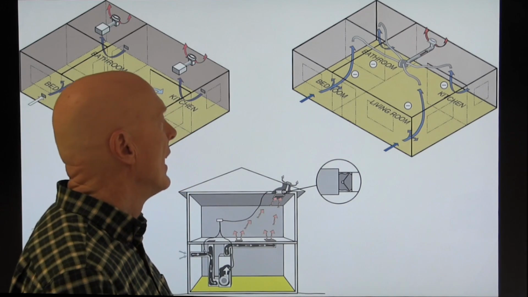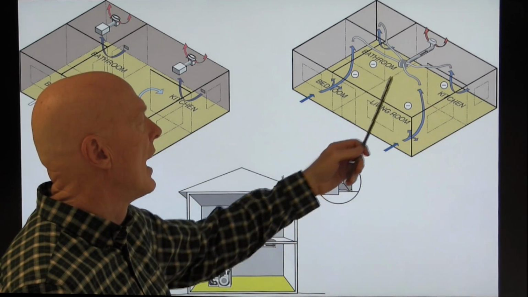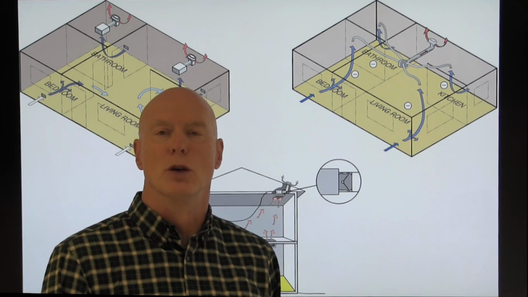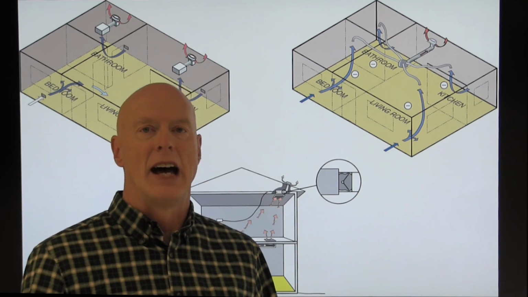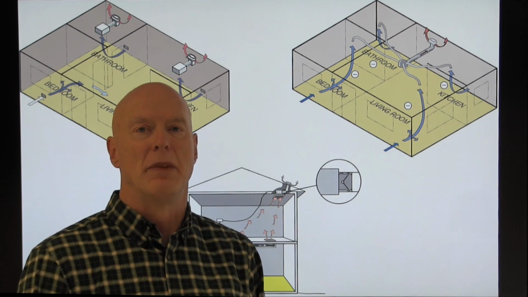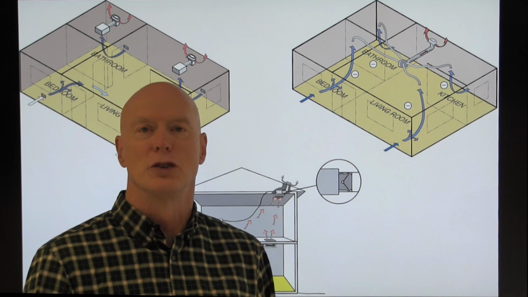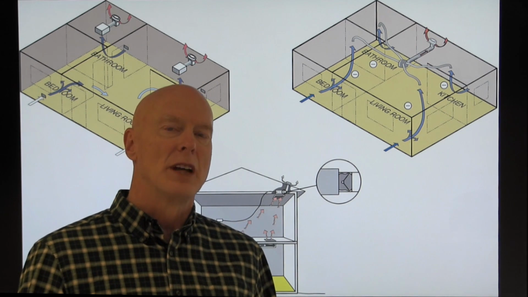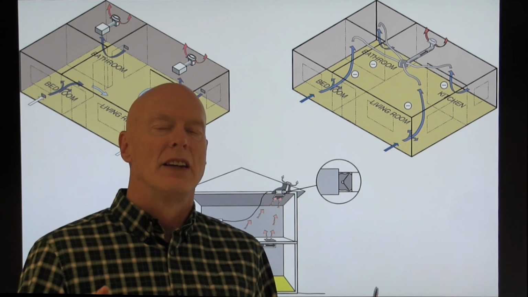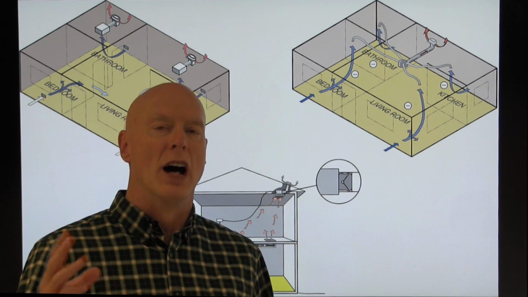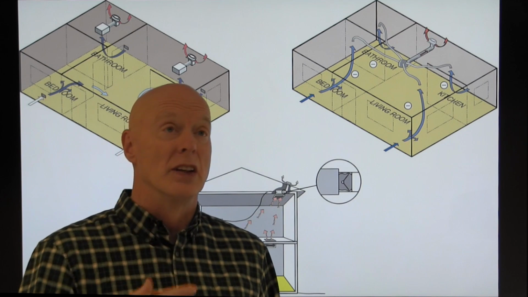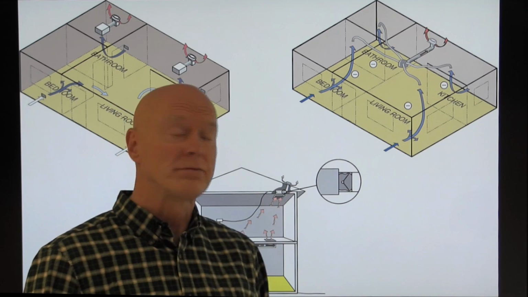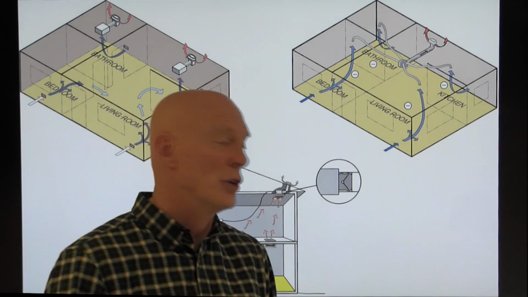In the case of an exhaust only system, you may have a ventilator like this that ventilates the bedrooms and the living area, and then have a kitchen range hood and a normal bathroom fan that's used just when you're using the bathroom and the kitchen. That's because sometimes you need that 50 CFM in the bathroom or 100 CFM in the kitchen that the ASHRAE 62.2 standard requires. And so maybe you're not going to get it out of a central ventilator.